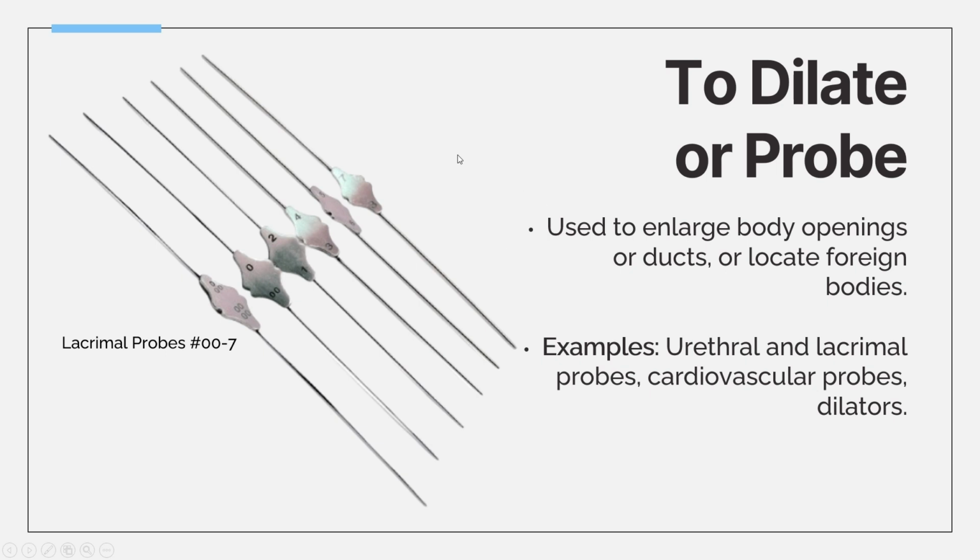Next, we have instruments that dilate or probe. So dilators or probes help widen passages or openings, cavities, and it helps surgeons assess tissue condition too. So they're used to gradually enlarge narrow openings such as the urethra, cervix, or blood vessels to facilitate the insertion of medical devices.